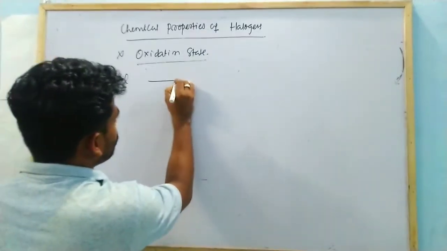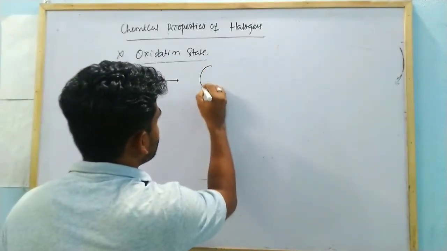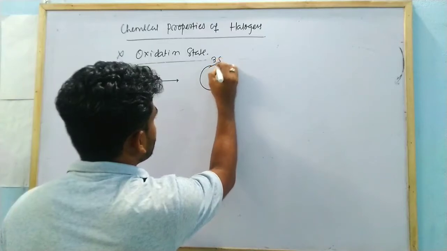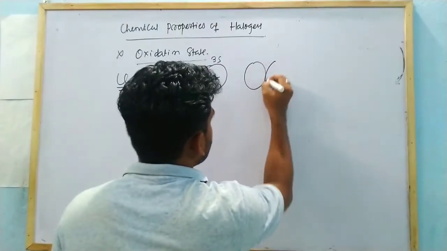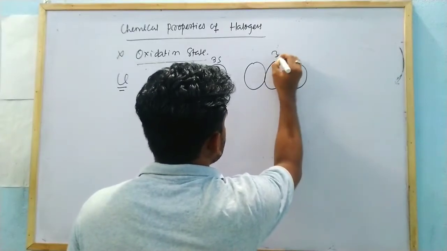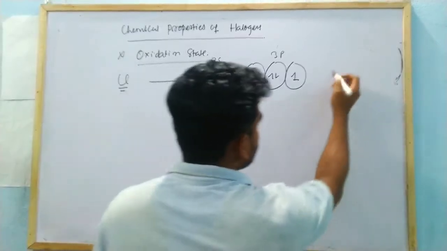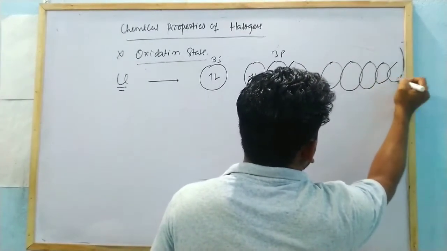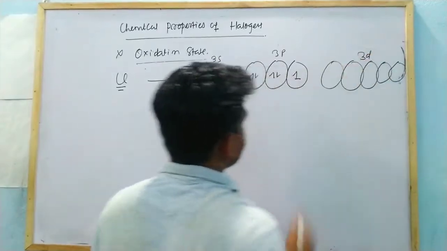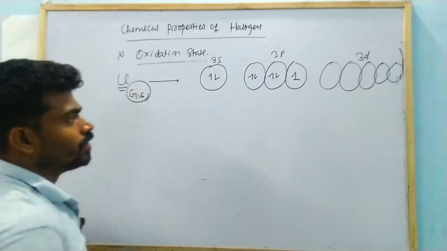In chlorine, the valence shell configuration is 3s with 2 electrons and 3p with 2, 2, 1, and there are also vacant 3d orbitals. This is the ground state configuration of chlorine.